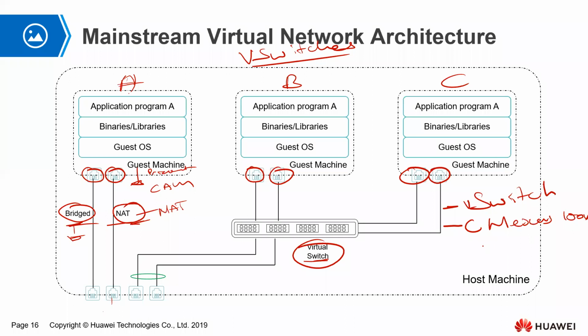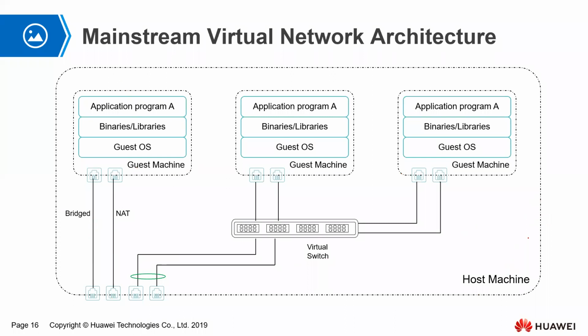And then Huawei calls its Huawei DVS. So all different vendors, even Linux has Linux DVS. They also call it DVS. And also other vendors have different virtual switches that they use.